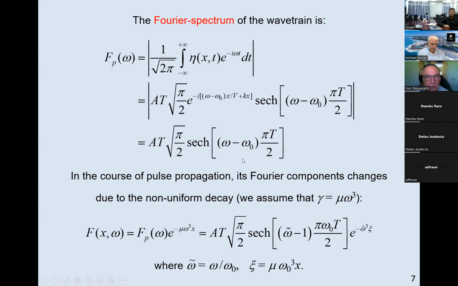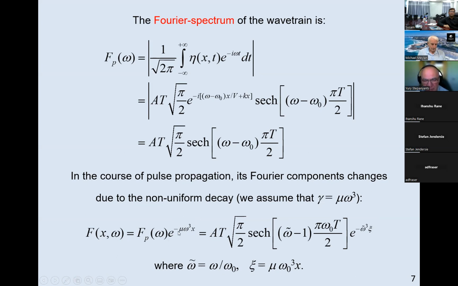And now, if we take into account that in the process of propagation, within the framework of linear theory, each component of the wave spectrum decays independently, we obtain that at some distance x, the frequency decays according to this formula. So we have this factor which describes the decay of the particular component of the wave field.